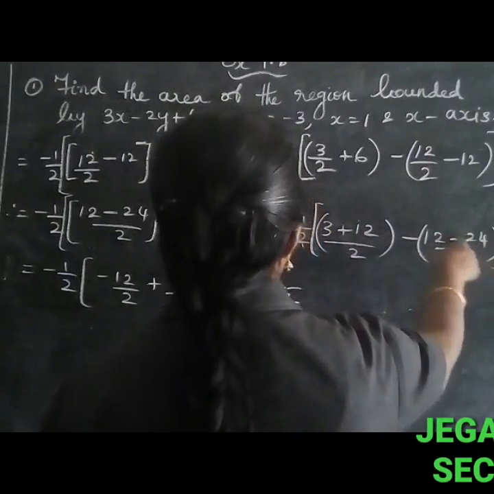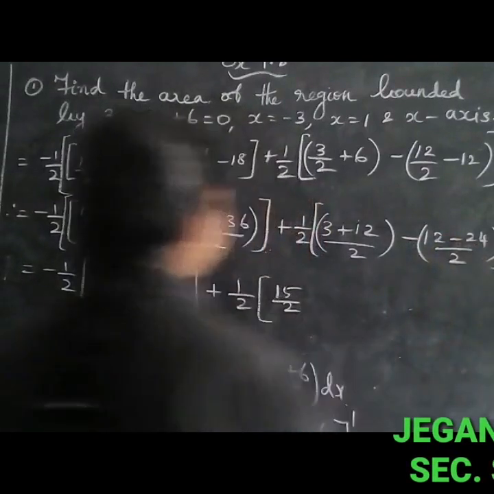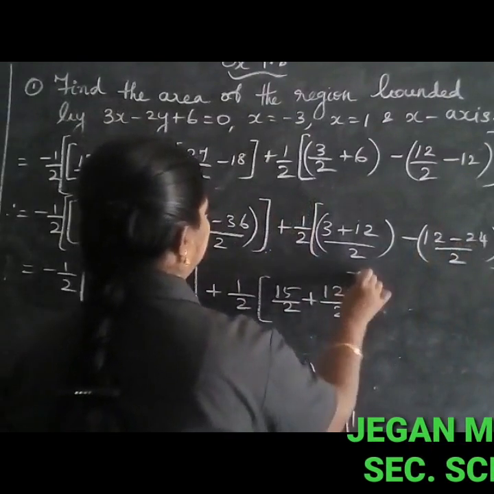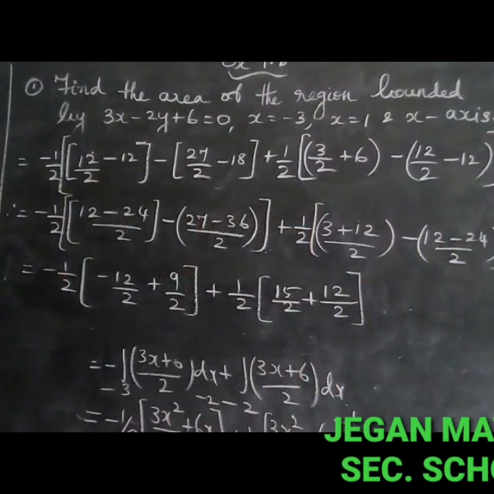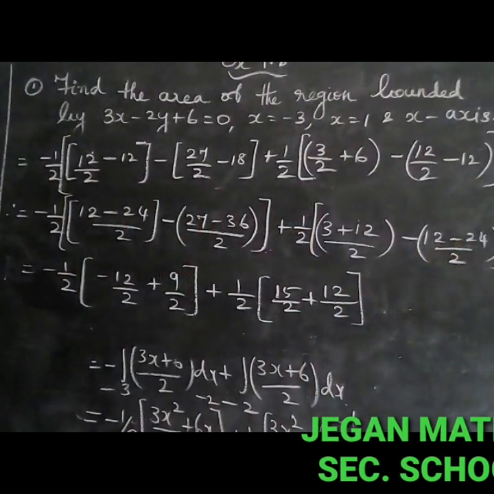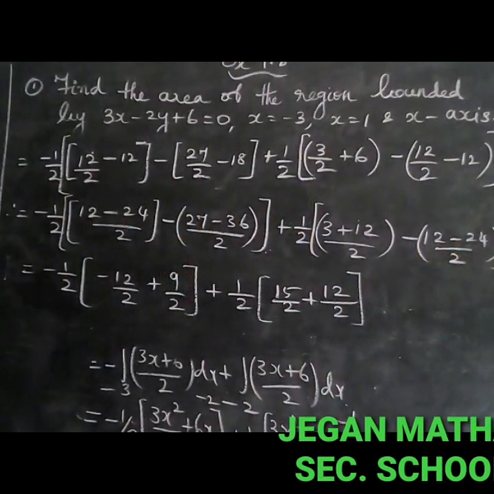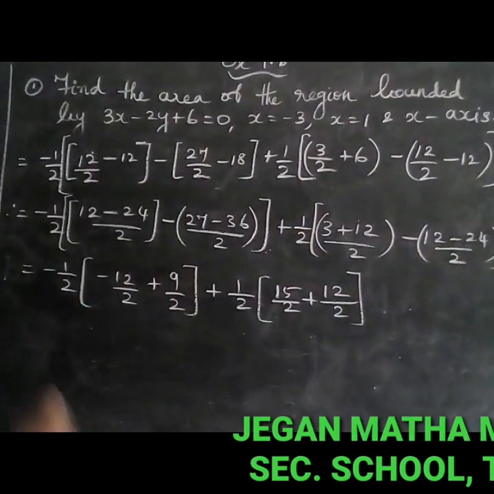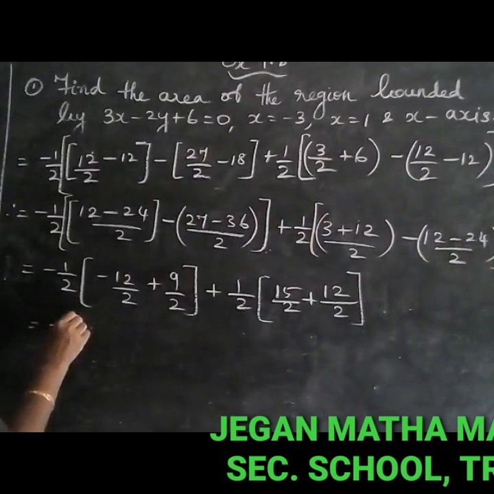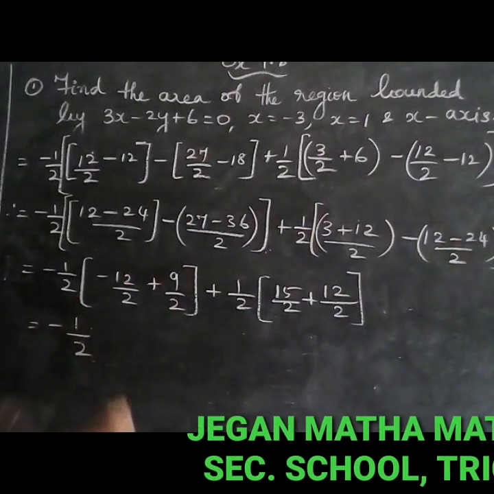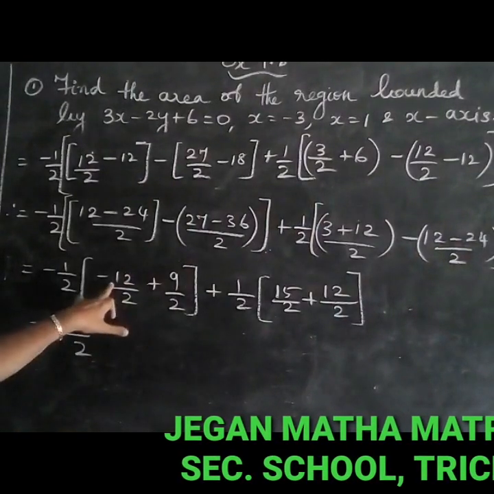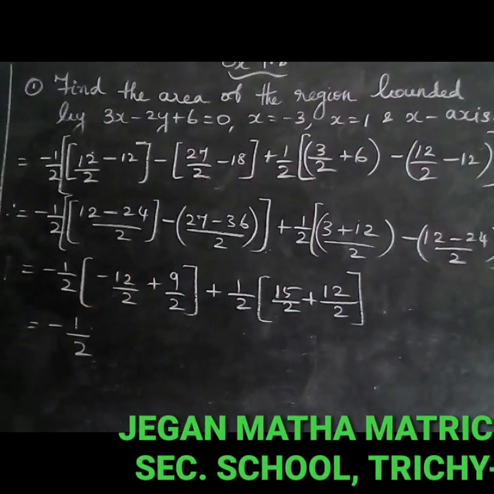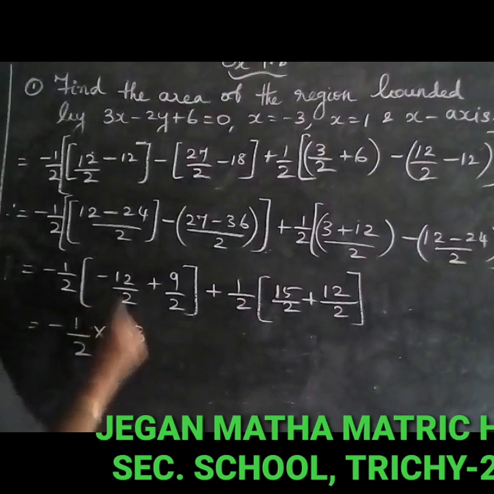So minus 12, minus of minus plus 12 by 2. So the next step, minus 1 by 2, same denominator, minus 12 plus 9 is there. So we will get into minus 3 by 2.